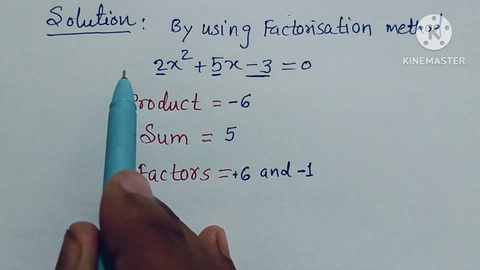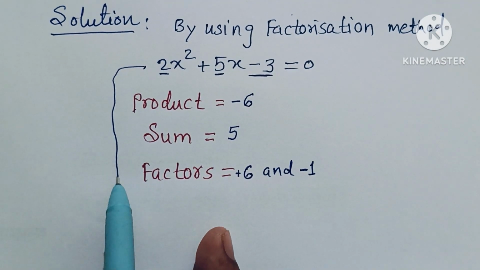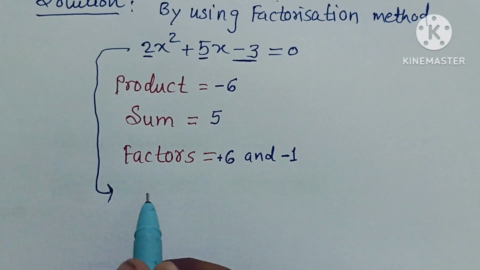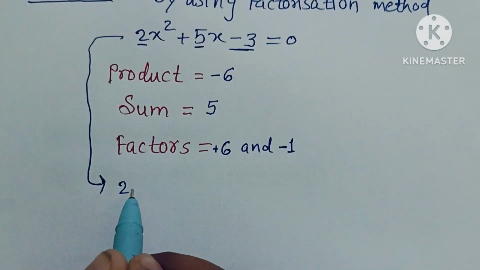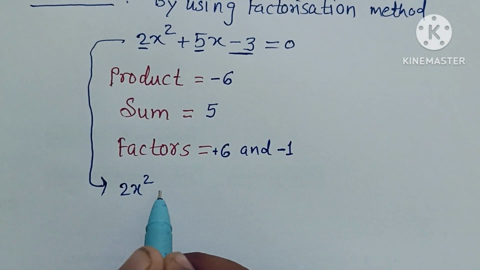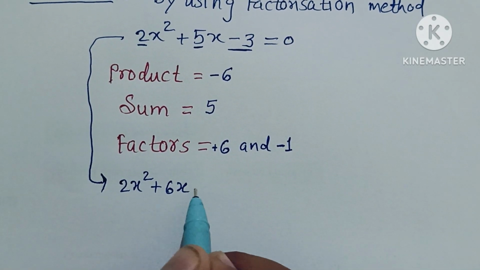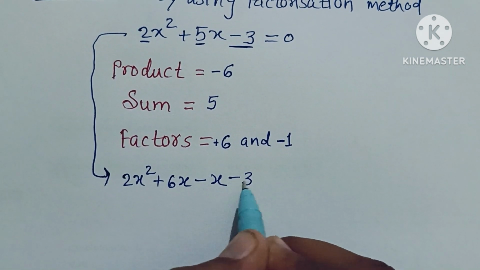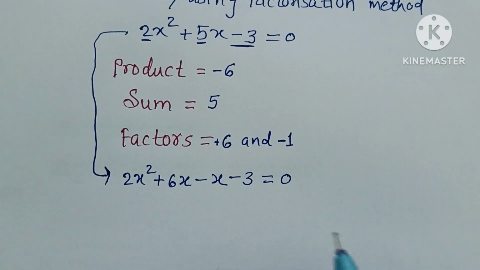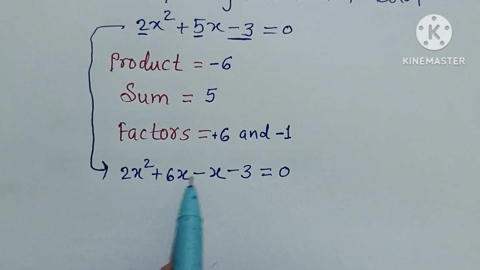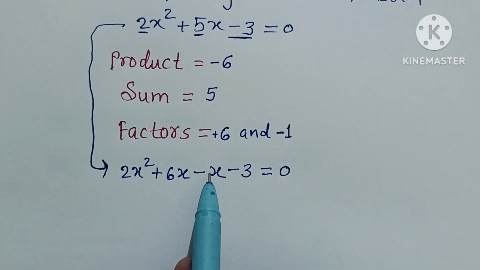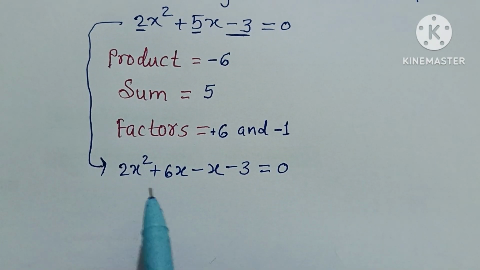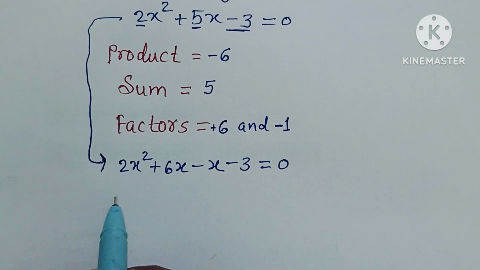So now how can we write the factors? 2x square plus 6x minus x minus 3 is equal to 0. Now see here, 6 minus 1, coefficient of x is 1, so 6 minus 1 is 5. Okay, so now we have to factorize this.